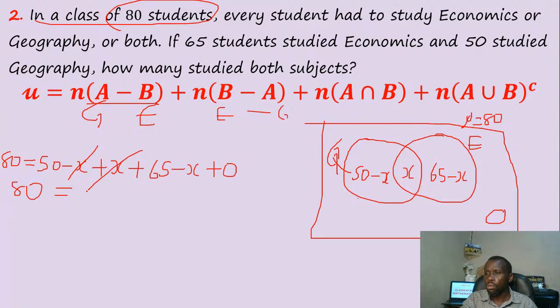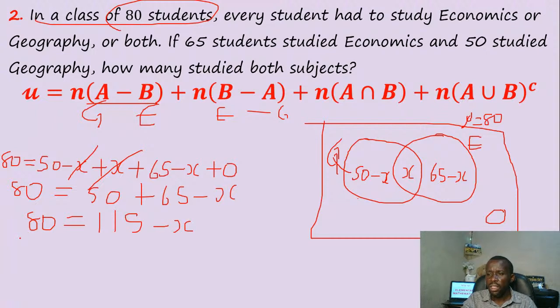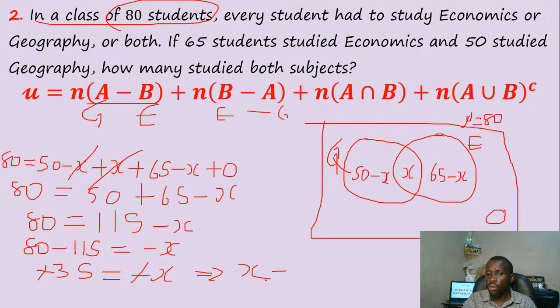Something must cancel out. 50 plus 65 minus X. The 0 does not mean anything. 80 equals 115 minus X. That becomes 80 minus 115 equals minus X. 80 minus 115, if I don't make mistake, that should be minus 35, sorry, equals minus X, where minus will cancel out minus, and then that will imply that my X is now 35.